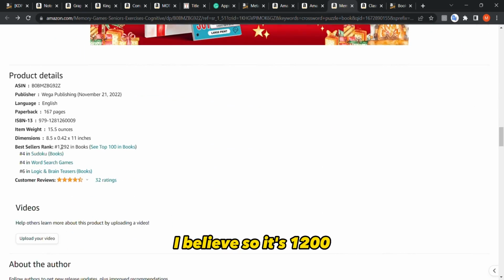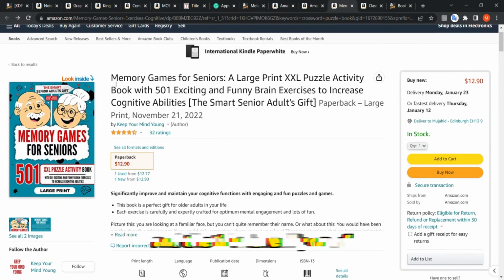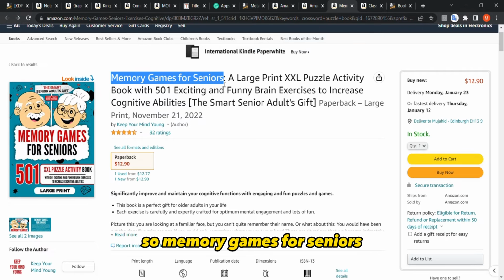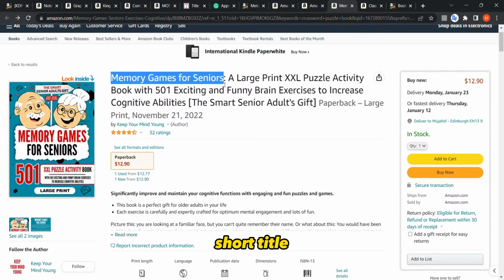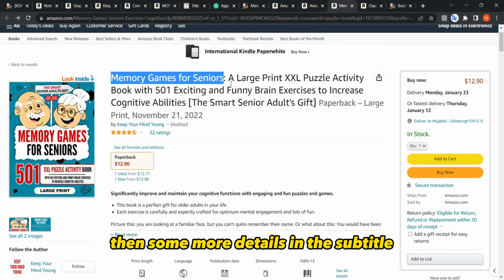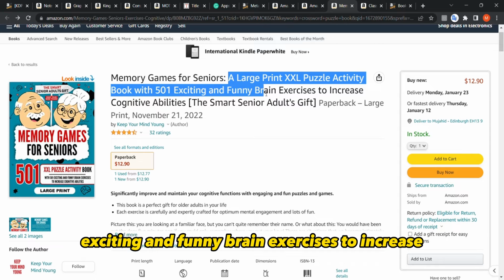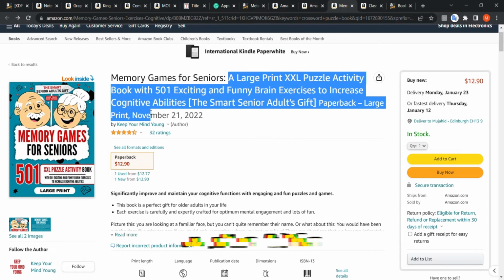It's 1200, which is a great ranking. And the title is really good. So, memory games for seniors. This is the title, short title, specific, one main keyword. This is really good. Then some more details in the subtitle. A large print XXL puzzle activity book with 501 exciting and funny brain exercises to increase cognitive abilities.